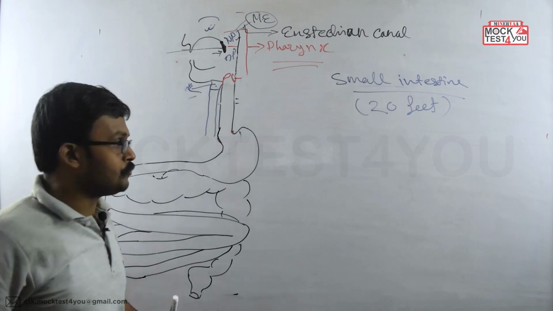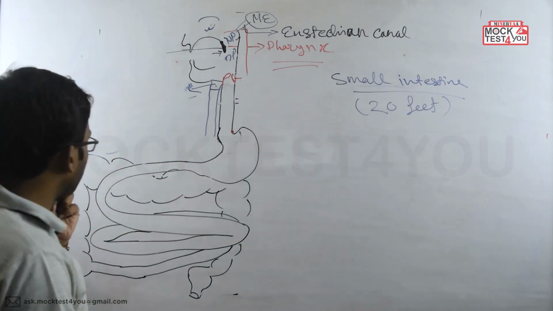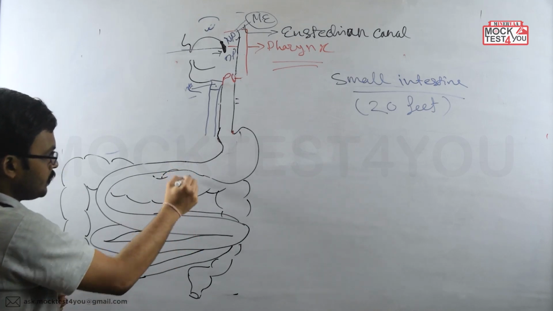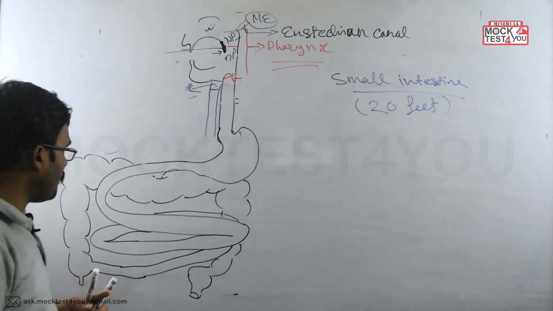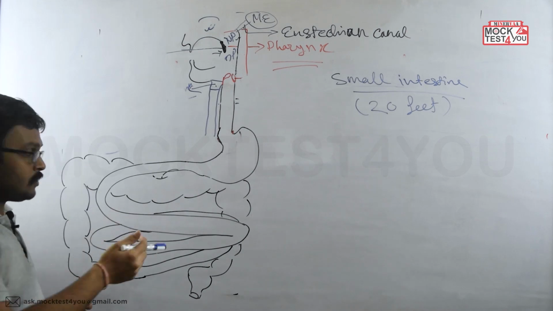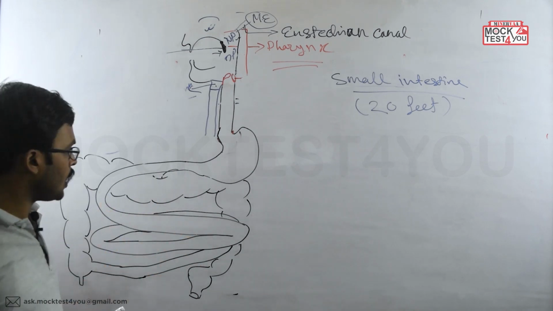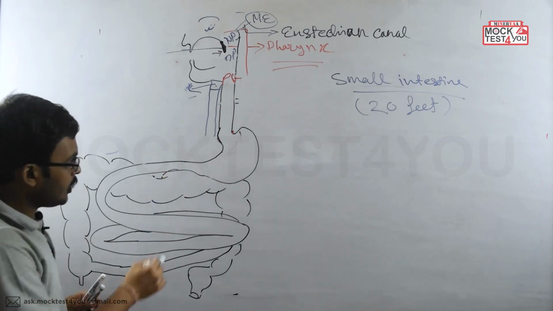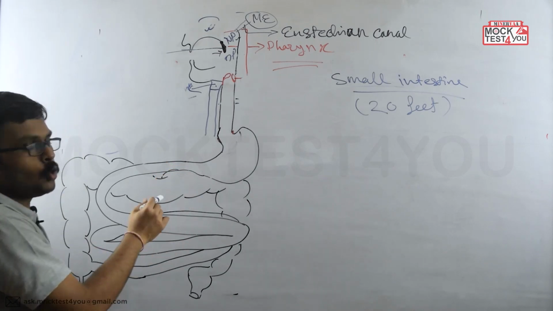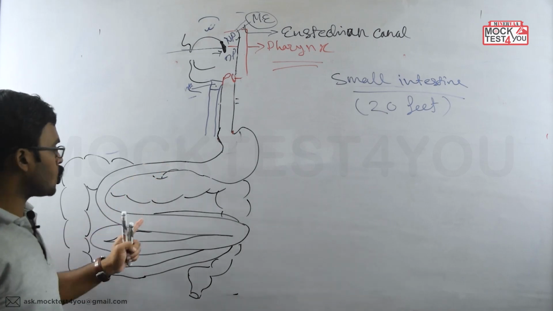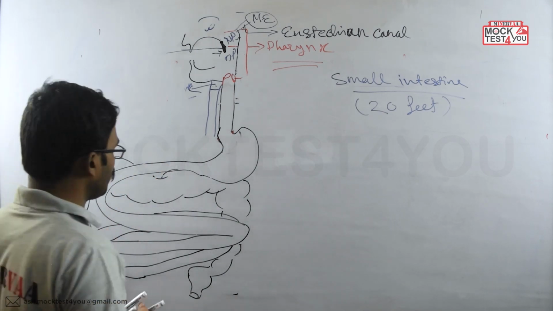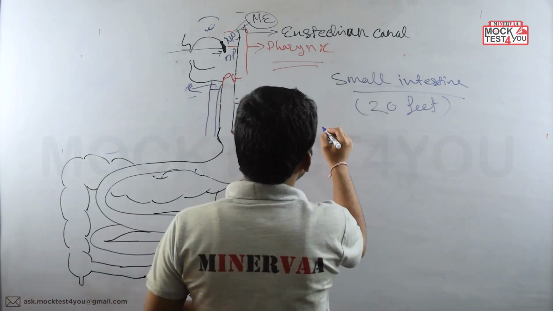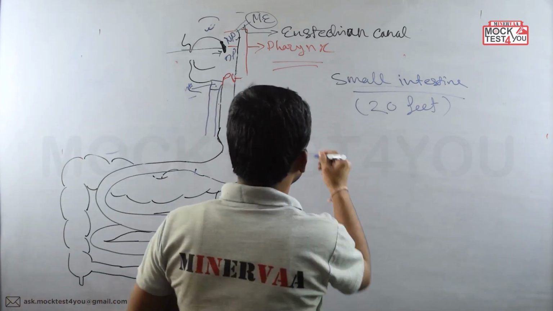The small intestine can be divided into three different parts. First, the C-shaped portion in humans, and in some other animals a U-shaped portion, is called the duodenum. This is the first portion of the small intestine.